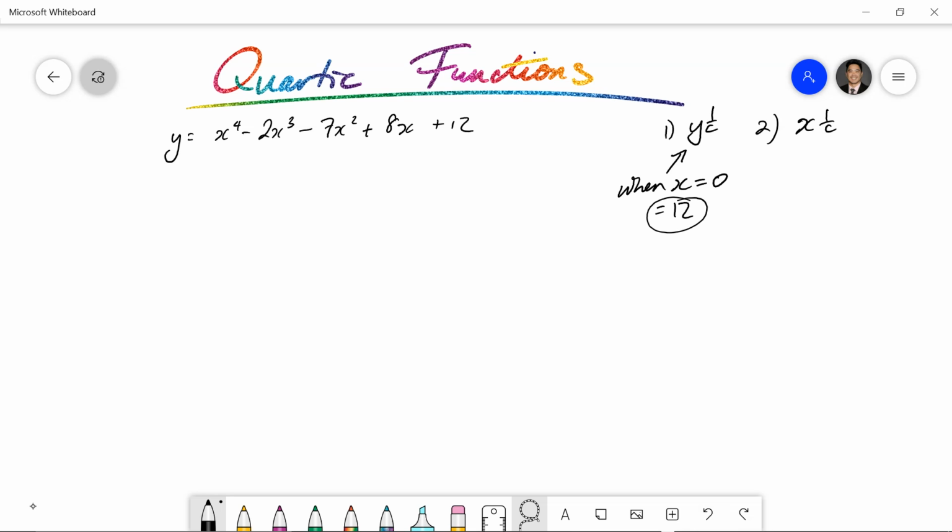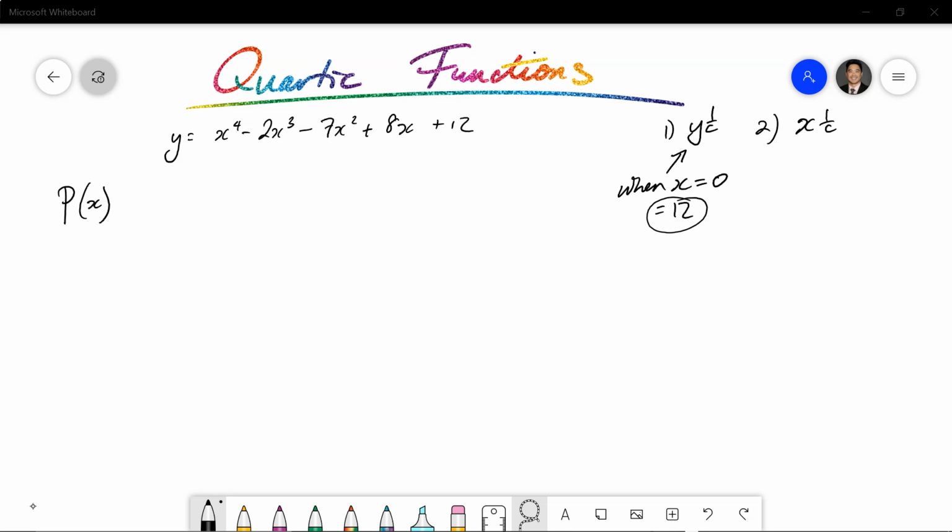Okay, next thing we'll look at the x-intercepts, and we can always just say that p of x, or the function of x, it doesn't really matter. In this case, it's a polynomial represented as a quartic function.